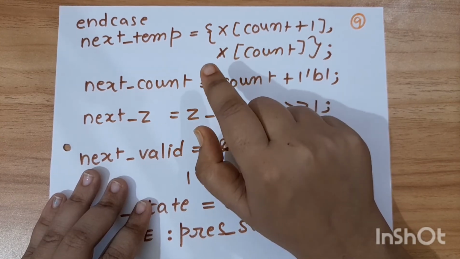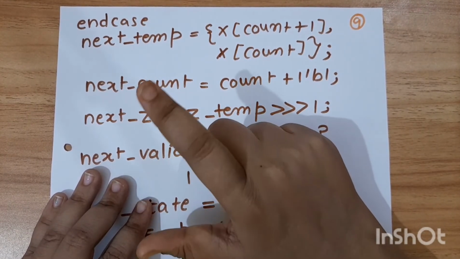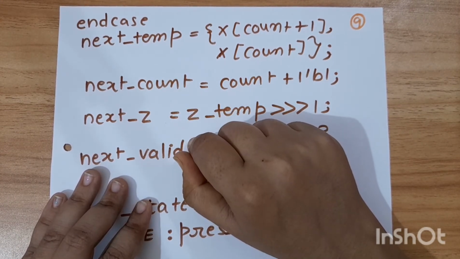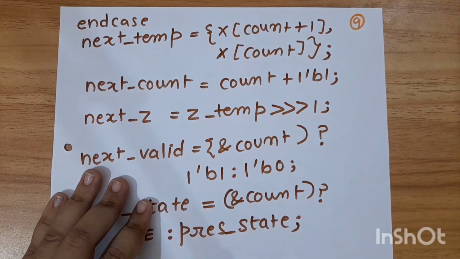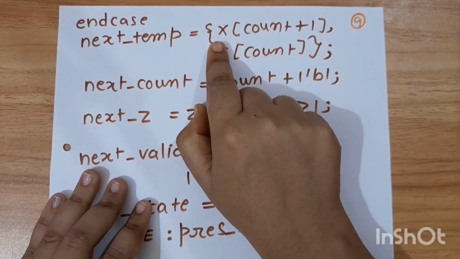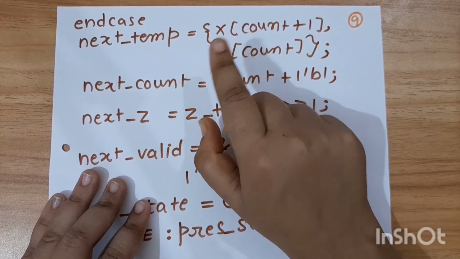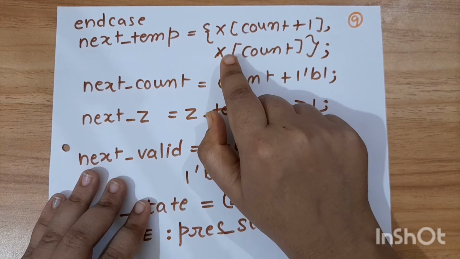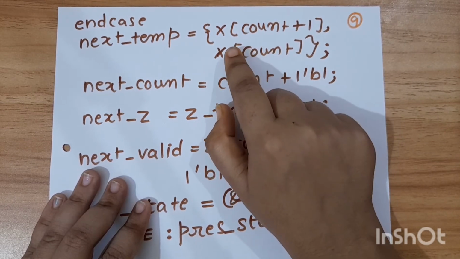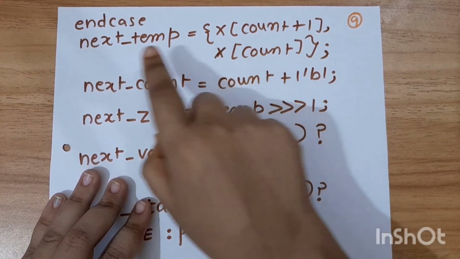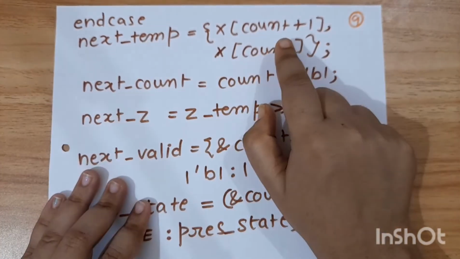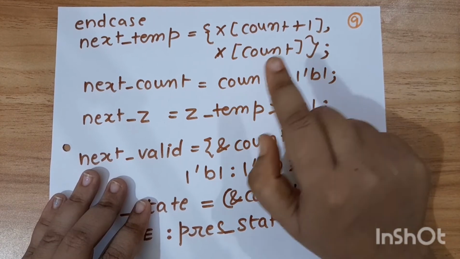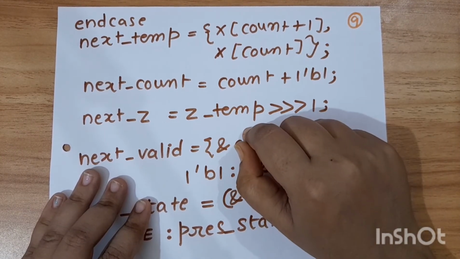Now already once initially once the state machine has been run, okay, and after that we are doing X, we assume that once it has been run when the count was 0, okay, now we are doing the next set of updation of temp, that is X[count+1], X[count], that is X[1] and X[0], okay, that we will check.